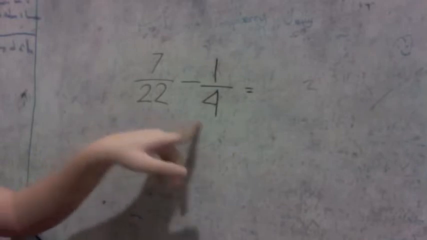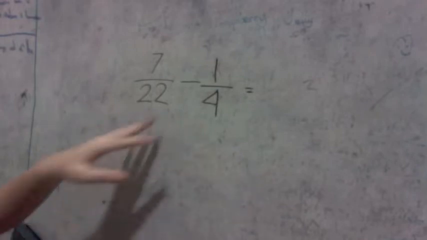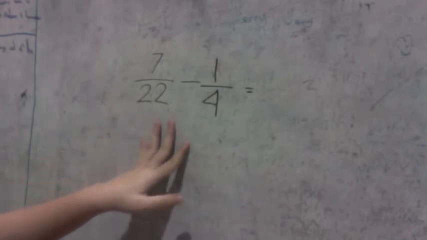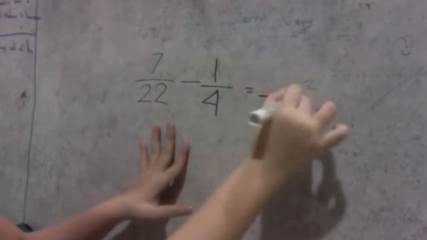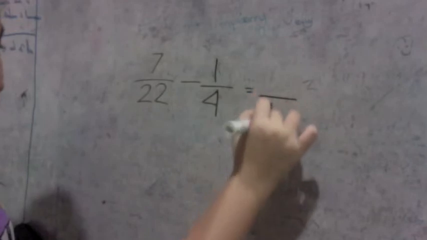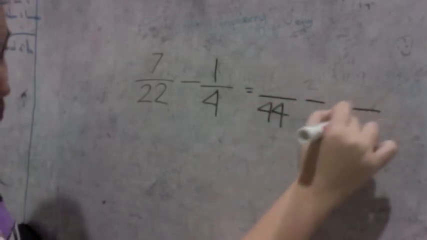Doing the same thing like last time, we have to find the common denominator between these two fractions. And the common denominator, you guys should know this by now, is 44. Why?